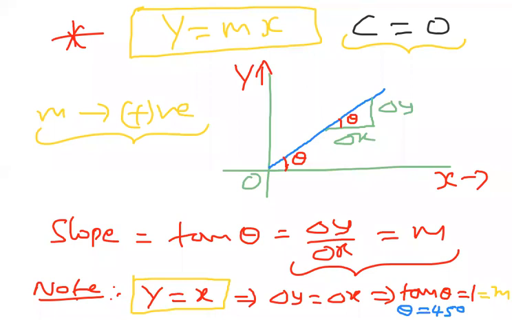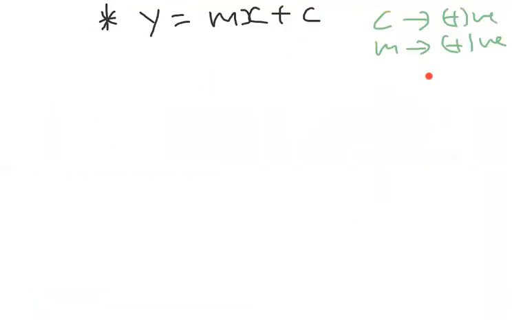We have to draw the graph above like that. Positive slope means the y value increases with respect to x. Next, coming to y equal to mx plus c, c is positive, m is positive. What does c positive indicate?